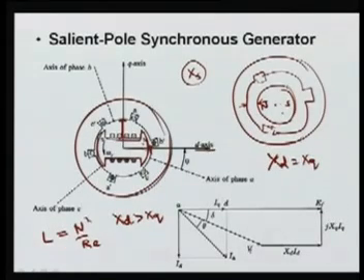Since we have different reactances along the d axis and q axis, we can have a phasor diagram, and we can express the current in terms of d axis and q axis currents. Let's suppose this is your terminal voltage, and this is your current, which is lagging with the power factor angle theta.